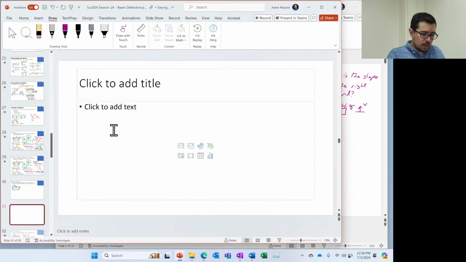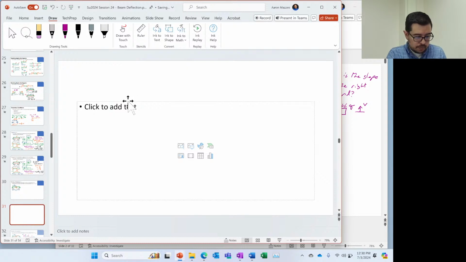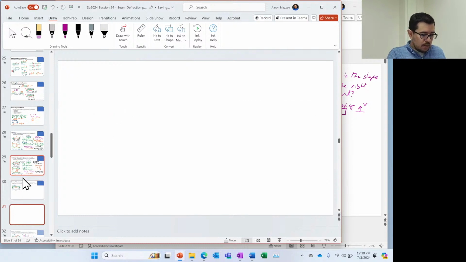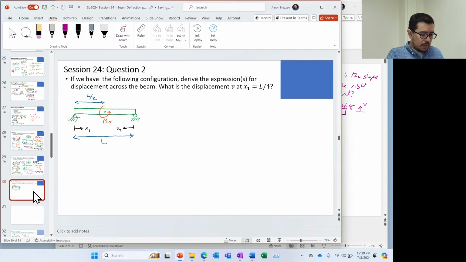Okay, so this problem is fairly tricky, and the first step is to make sure that we know what the internal bending moments look like.